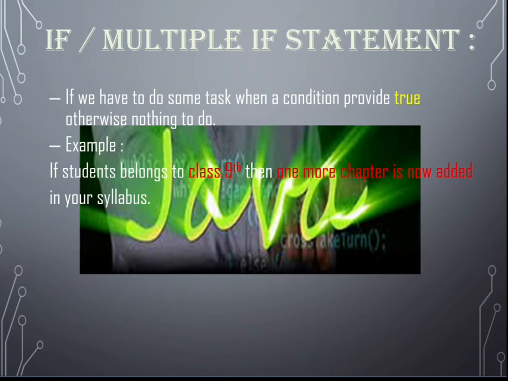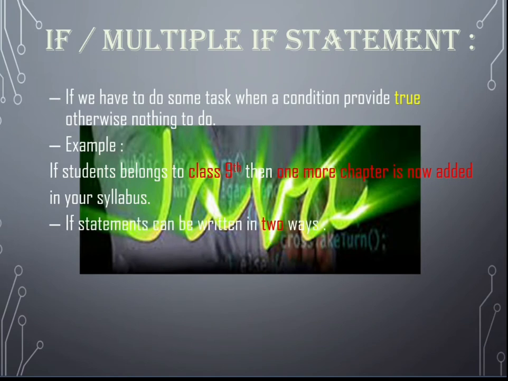If the class is 9th, then add one more chapter to the previous chapters. We don't know anything about what to do if the class is not 9th, because the question doesn't say. In this case, we have to use simple if.